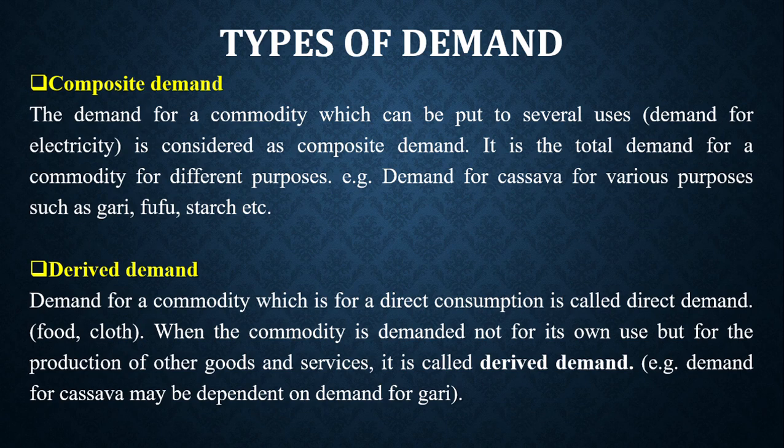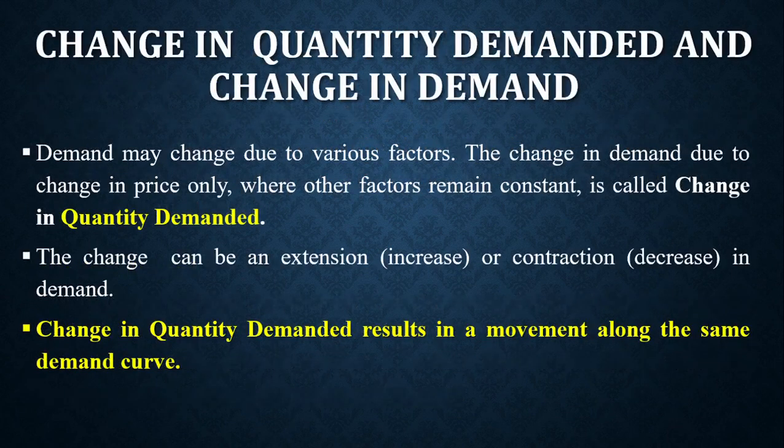But when the commodity is demanded not for its own use but for the production of other goods and services, it is referred to as derived demand. So an example is demand for cassava may be dependent on demand for gari. If we are demanding more gari, it means that we demand more cassava to produce more gari. So that is derived demand.